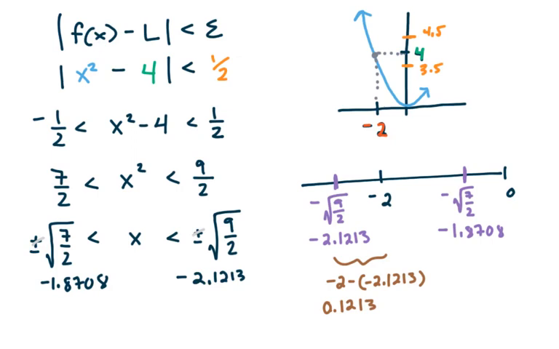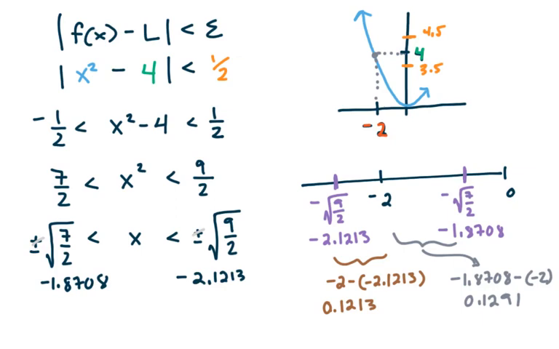And on the other side, if I do that subtraction, that would be -1.8708 minus -2, which gives me 0.1291. And so, of course, we choose the smaller of these two values.